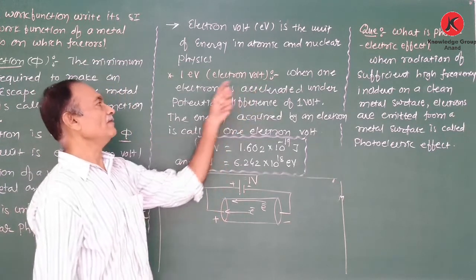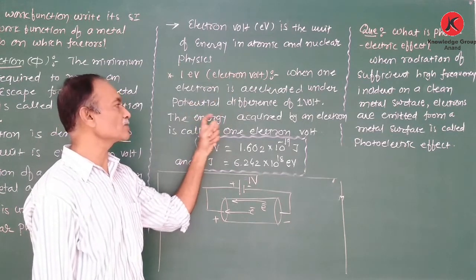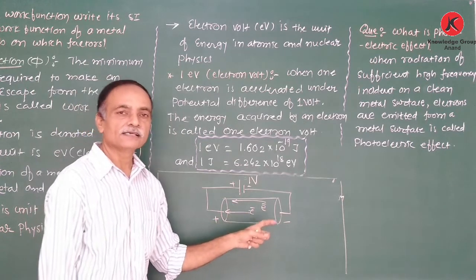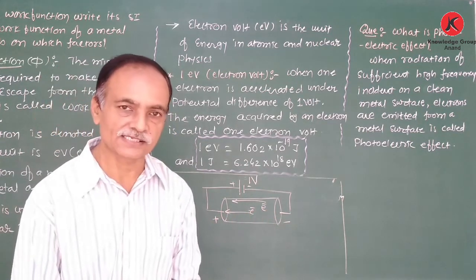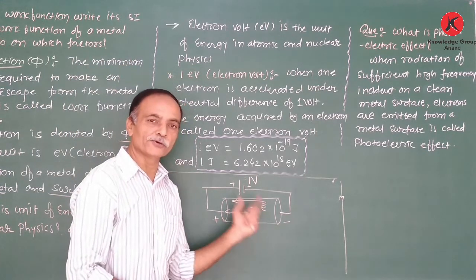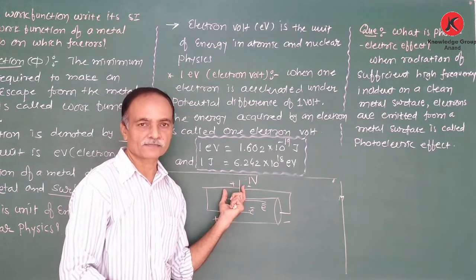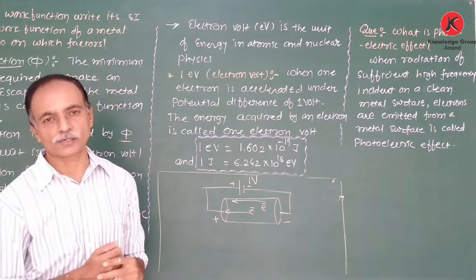Therefore, when one electron is accelerated under the potential difference of 1 volt, the energy acquired by the electron is known as the 1 electron volt energy. That means the change in energy of an electron due to the applied 1 volt battery is known as the 1 electron volt.